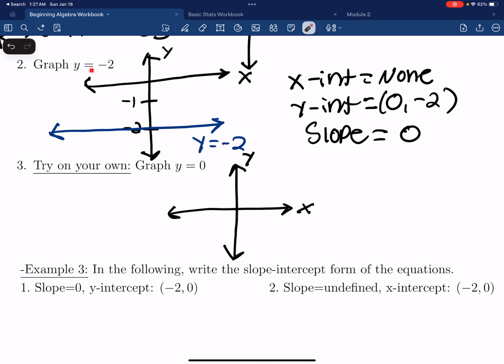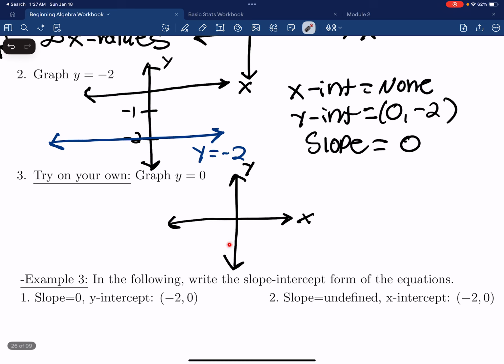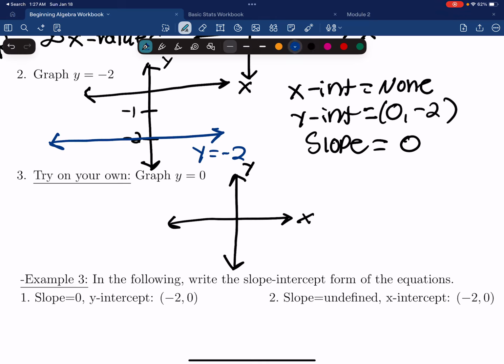And as we've seen in the other two examples, wherever the point is that y is set equal to, we have infinite x values. So when y is equal to 0, we're going to have infinite x values. So that means that y equals 0 is a graph that just lays directly on top of the x-axis.